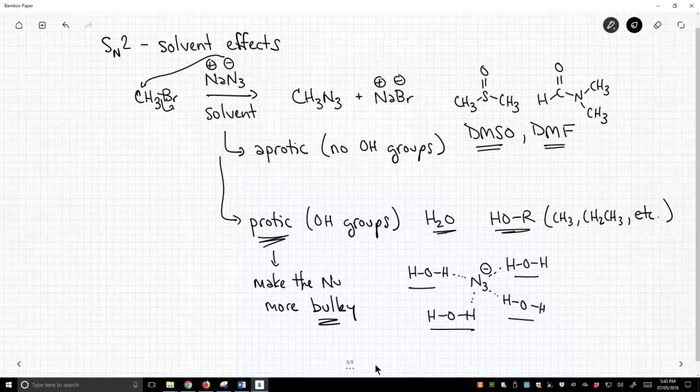So protic solvents inhibit SN2 reactions. Now, when you have one of the really good nucleophiles like sodium azide, it really doesn't matter.